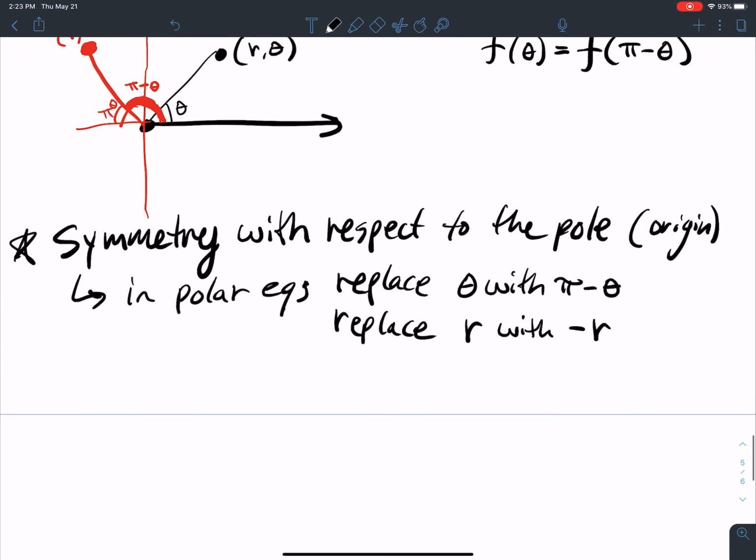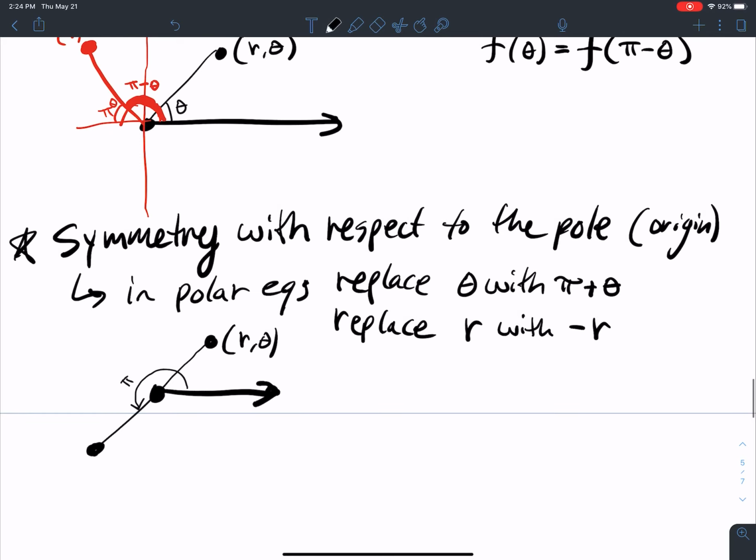So what does that look like in a picture? So if I've got this point right here, r, theta, over here, okay, how do I get over there? I add pi. Oh, I need to replace with theta plus pi, not minus. So plus pi, I add pi to get over here. And then I do the negative of it.